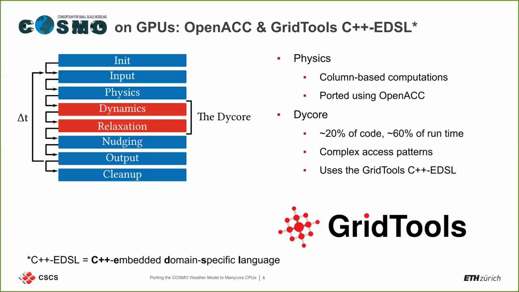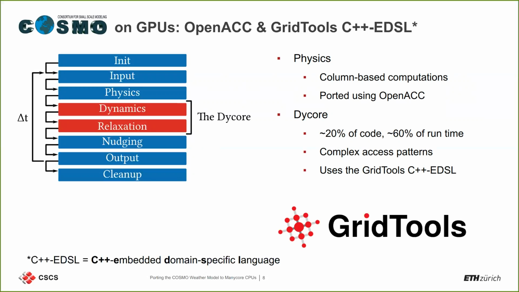Physics usually consists of models solving radiation or precipitation or whatever, less dynamical parts or things that can be approximated locally. And as this features simpler access patterns, it could be ported to GPUs using OpenACC.